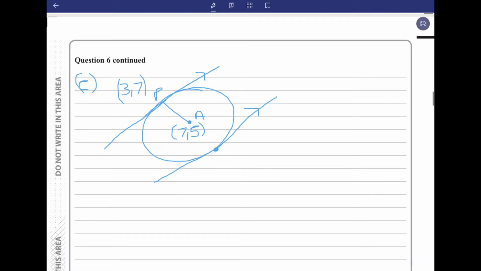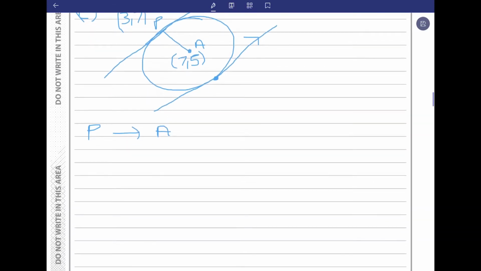So let's have a look at what we've had to do to get from P to A, because as these lines are parallel, we'll have to do the same thing. This can be explained using vectors, but I quite like this explanation. To get from P to A, we've gone plus 4 in the x, and we've gone minus 2 in the y.